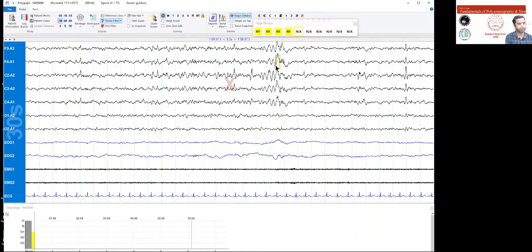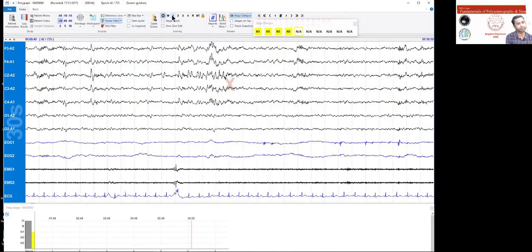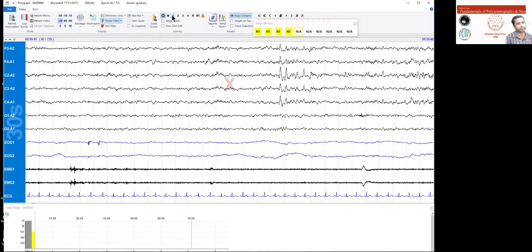If it is more than 0.5 seconds, on that basis we have to mark it. That was not more than 0.5 seconds, so that was a vertex wave.